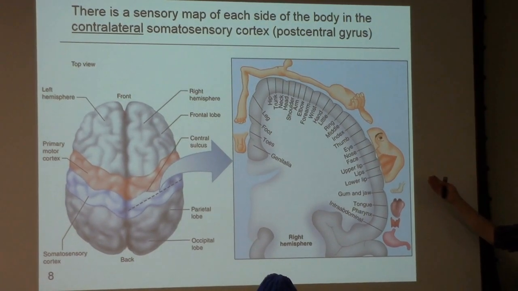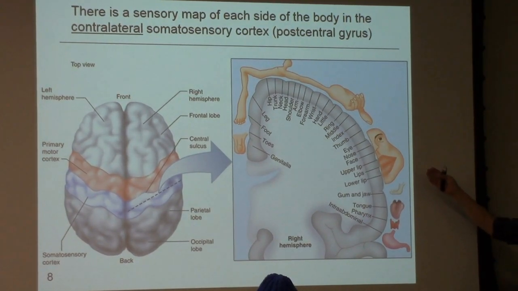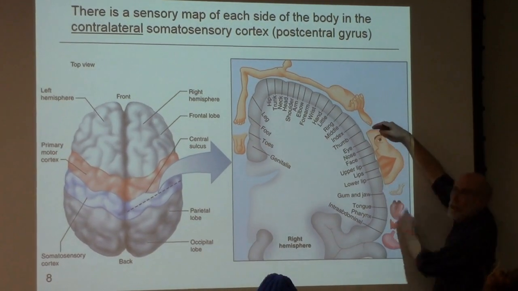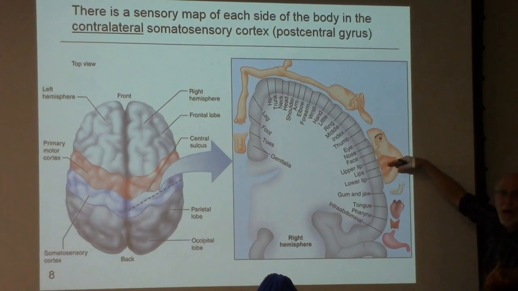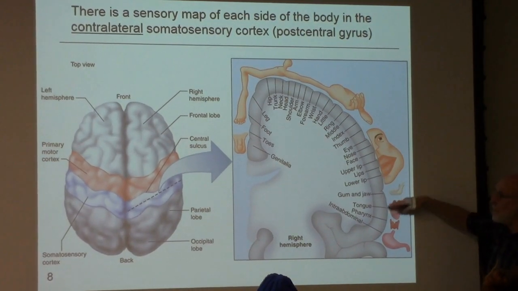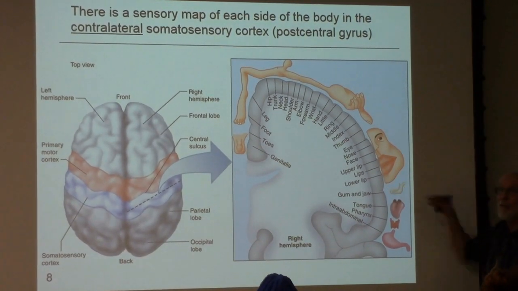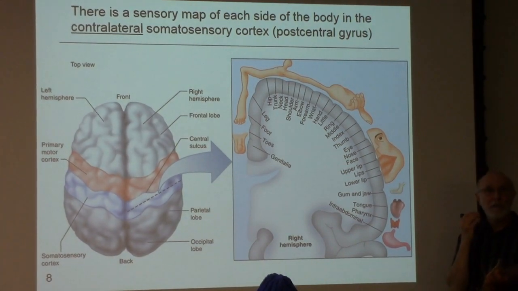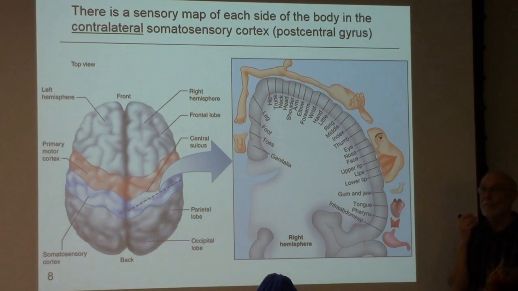You can see the body's not mapped one-to-one because we dedicate a lot more of our cortex to the face, especially the mouth and the jaw and the tongue, because movement here, sensation here is very important for the formation of language.